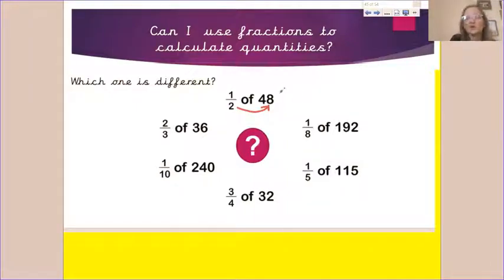Okay, so we would say 48 divided by 2 is equal to 24. And then we would times that by the top, which is 1, which equals 24. So I've shown you how to do one, so pause the video now and complete the questions that have been given to you to find the one that is different.